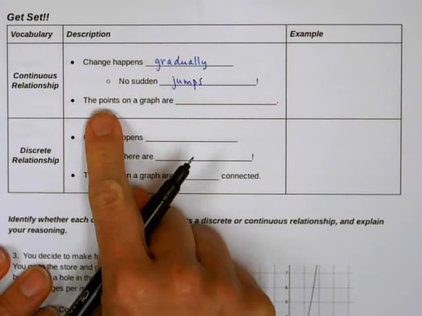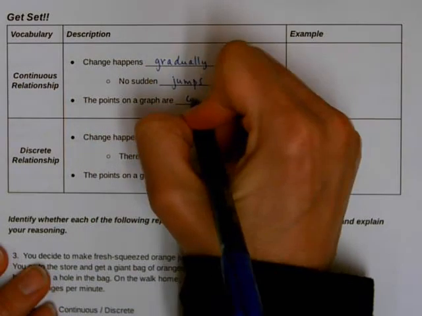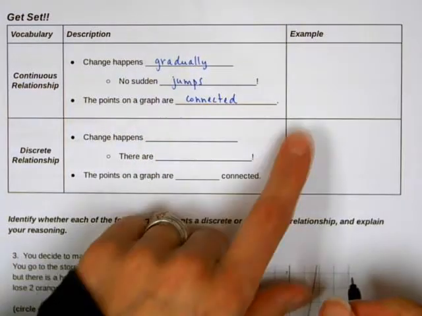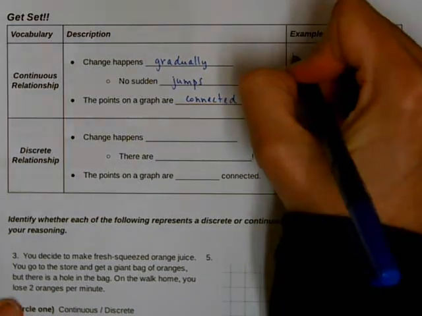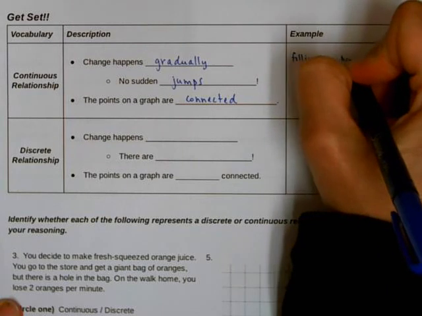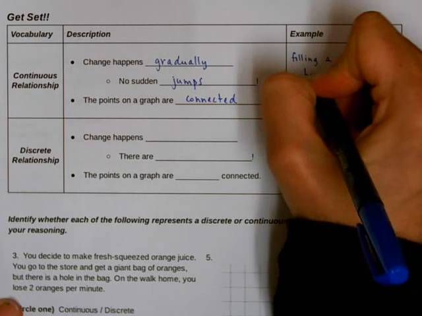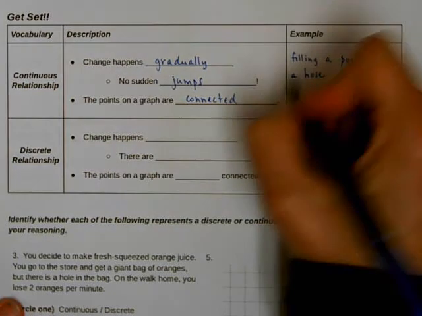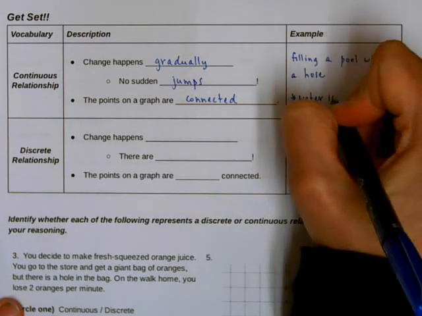And if we were to look at a graph, the points on a graph are all connected. So here's what I want you to think of. An example here would be, let's say, filling a pool with a hose. Right? The idea here is if I'm filling a pool with a hose, the water is being added gradually over time.